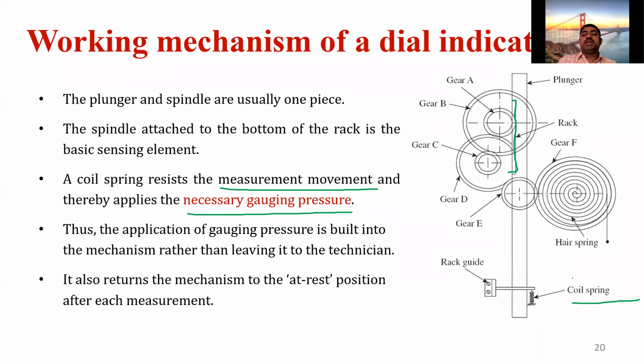This also helps to return the mechanism to a rest position after each measurement. If the coil spring is not there, the operator has to apply some pressure on the plunger to take accurate readings.